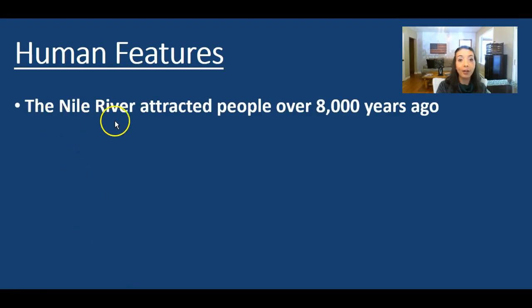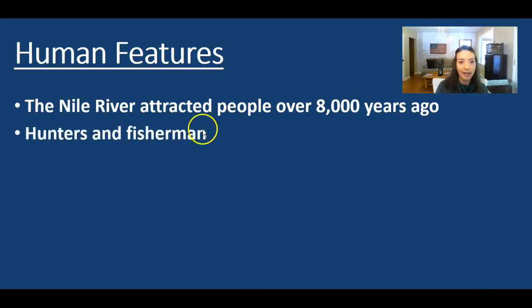So the Nile River attracted people over 8,000 years ago, and that's because when you have a water source, you're able to get water for humans, for your people, and you're able to get water for your animals so you can eat them, and then also water your crops so you have that food source.